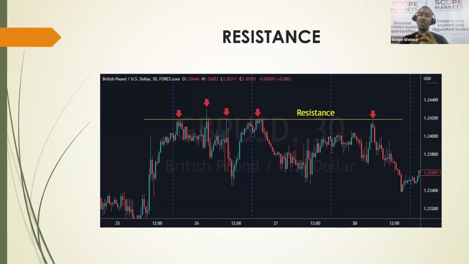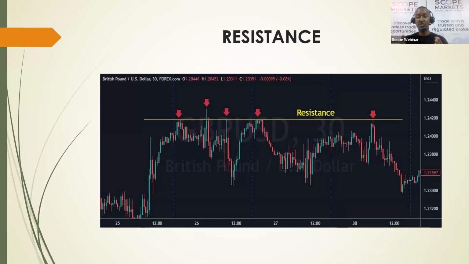Anytime I mention that you need to look for rejection from an area of support or resistance, or even from the trend line, because next we are going to look at trend lines, what you use to know that there is rejection is the candlestick patterns. We have rejection candlestick patterns, which we also call reversal candlestick patterns, and continuation candlestick patterns.